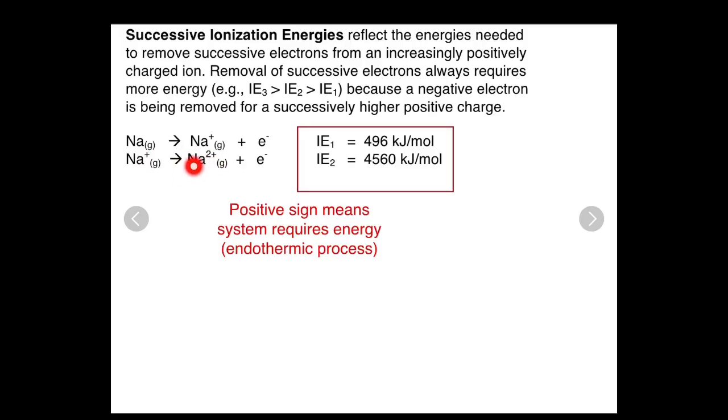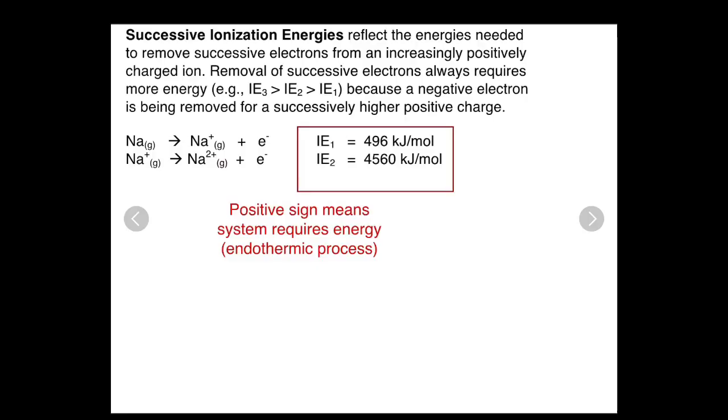It's going to become Na2+ with another electron removed, and it's going to require another amount of energy. And you probably notice that this energy right here is actually a little bit higher than the first ionization energy.